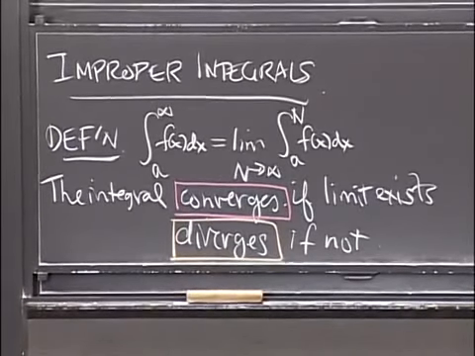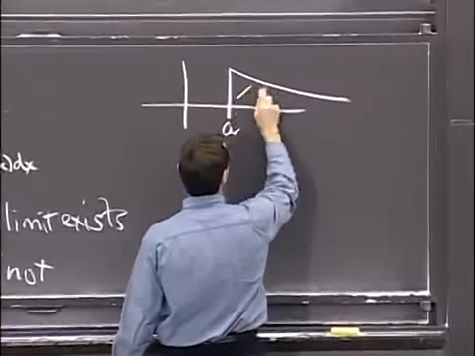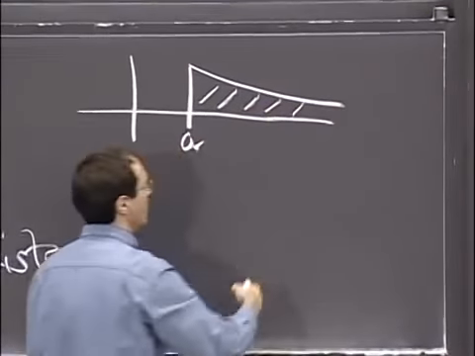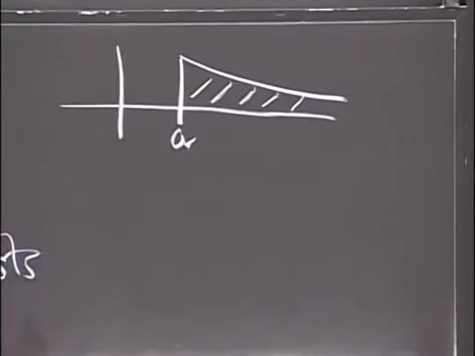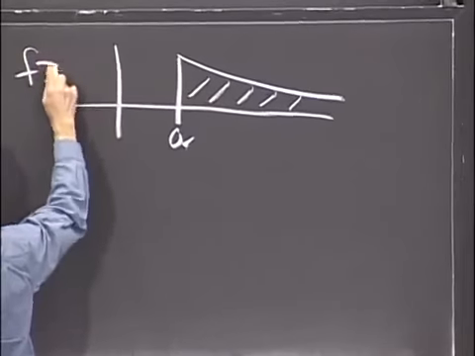These notions have a geometric analog, which you should always be thinking of at the same time in the back of your head. I'll draw a picture of the function. Here it's starting out at a, and maybe it's going down like this, and it's interpreting it geometrically. This would only work if f is positive.